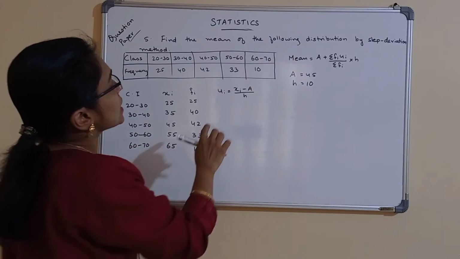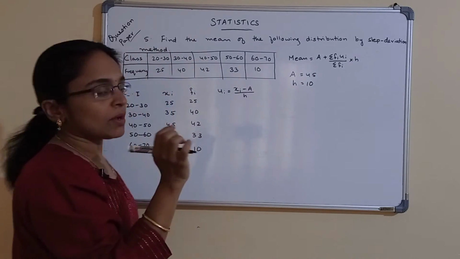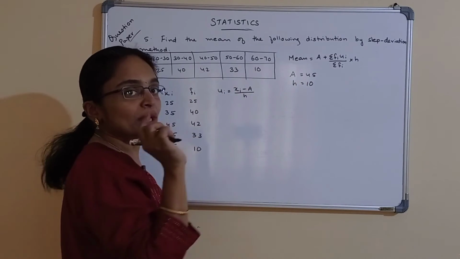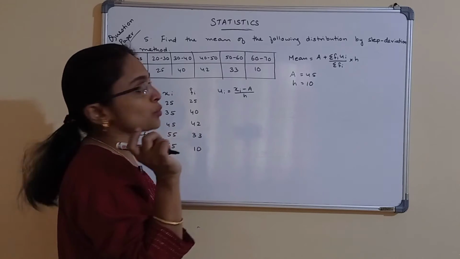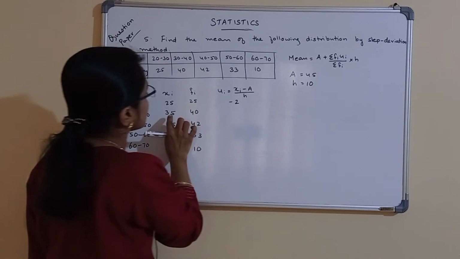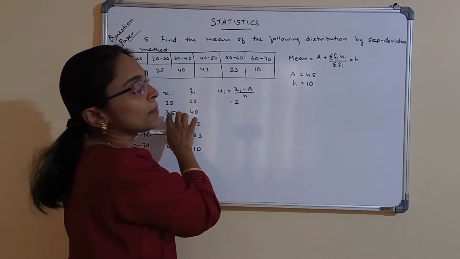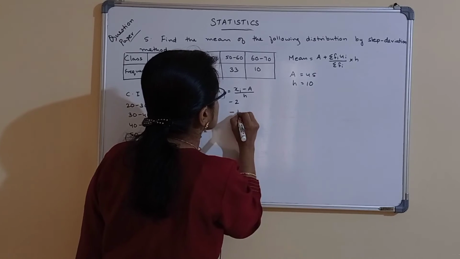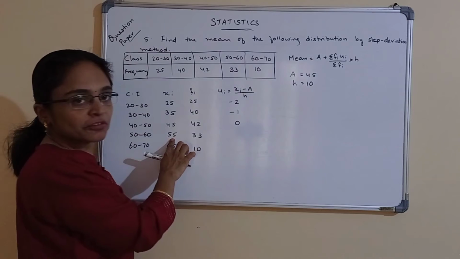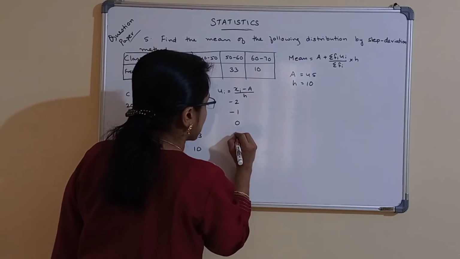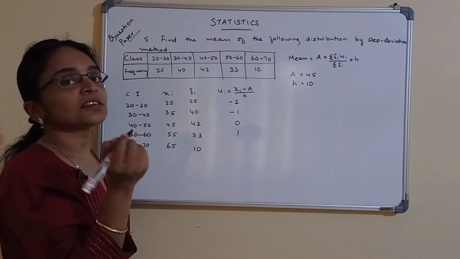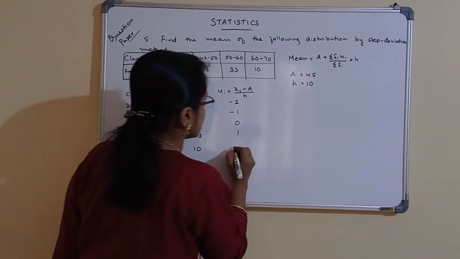So ui equal to xi minus a by h, that is 25 minus 45 by 10. 25 minus 45 is minus 20 and minus 20 by 10 is minus 2. Then 35 minus 45 by 10, which is minus 10 by 10, which is minus 1. 45 minus 45 by 10, 0. 55 minus 45 by 10, 10 by 10 is 1. Then 65 minus 45 is 20. 20 by 10 is 2.